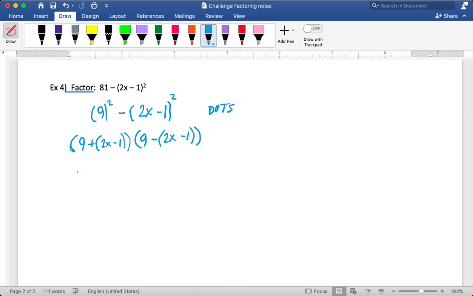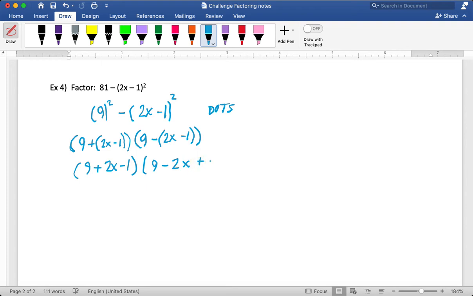All right, so I'm going to clean up grouping symbols here. This becomes 9 plus 2x minus 1. Because, see, I'm just distributing a positive 1 through here. But over here, I'm distributing a negative 1. So this becomes 9. Subtract 2x.